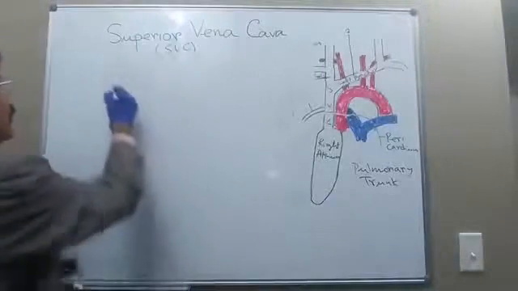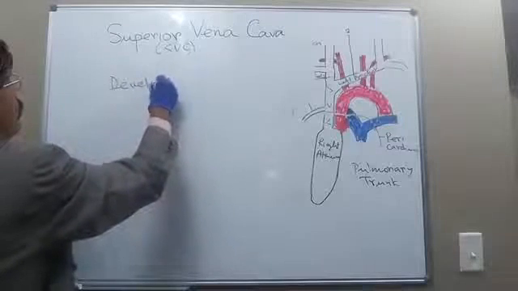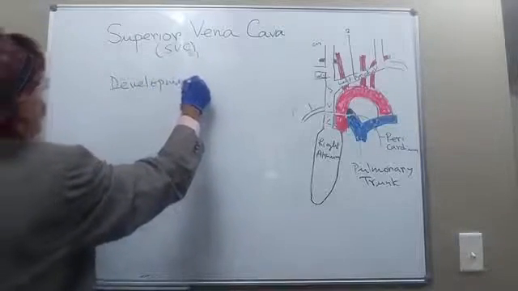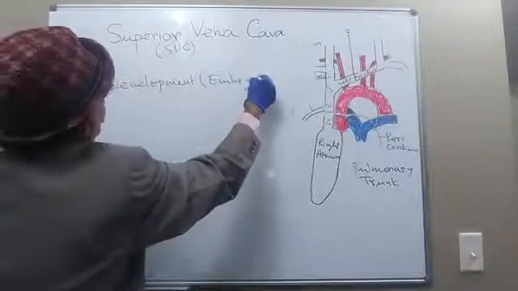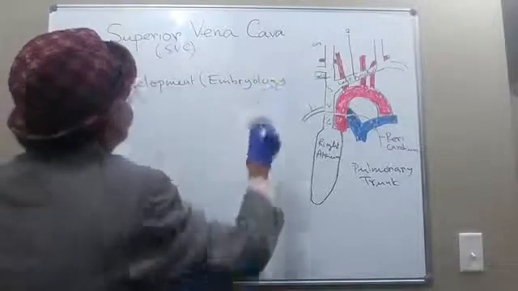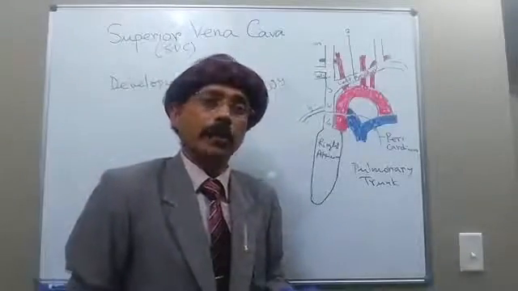Now we go to the development or embryology. Okay, like other blood vessels, it develops from the mesoderm.